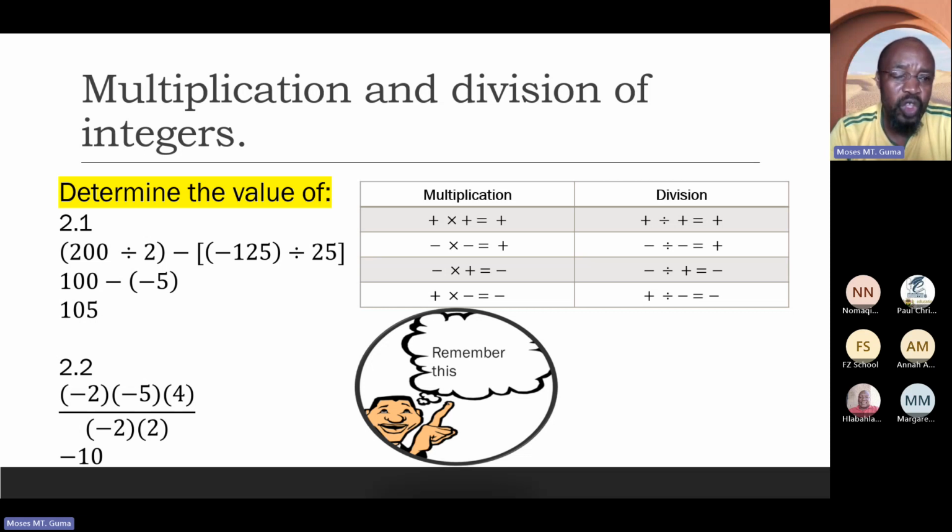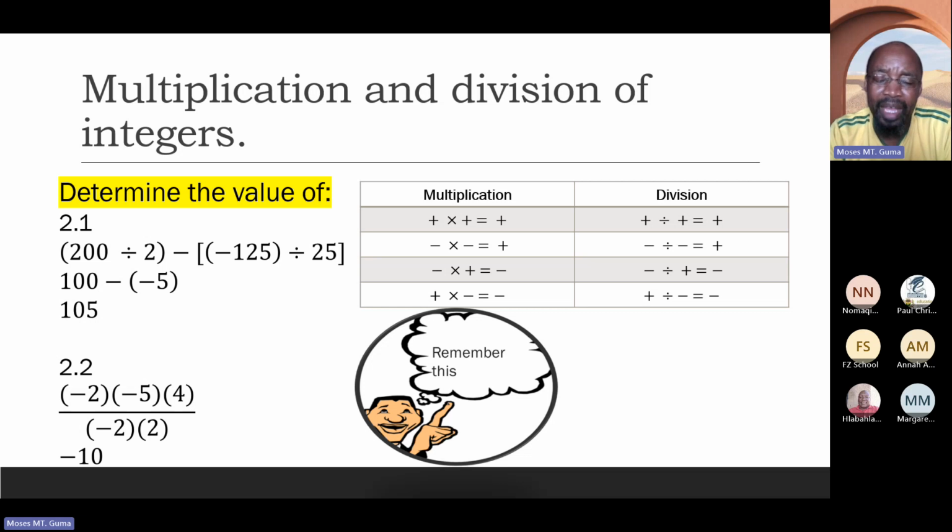Now, you see we have 200 divided by 2 inside the bracket, minus, open bracket, minus 125 close bracket, divided by 25, close bracket. Now everyone must come out of the bracket. How does that happen?